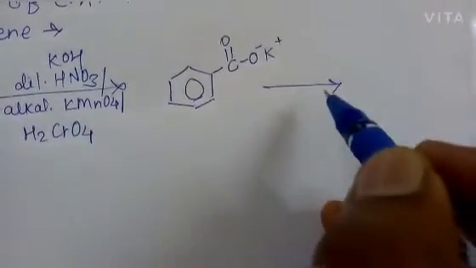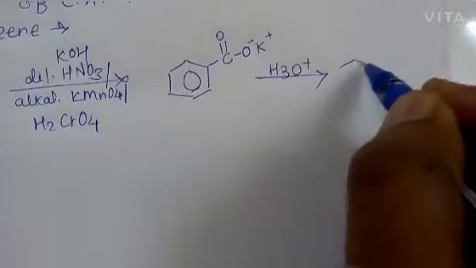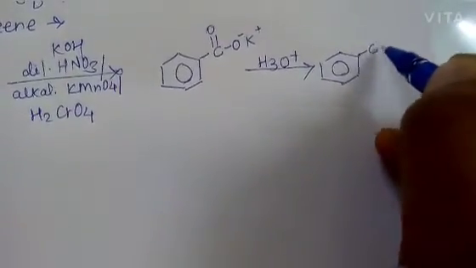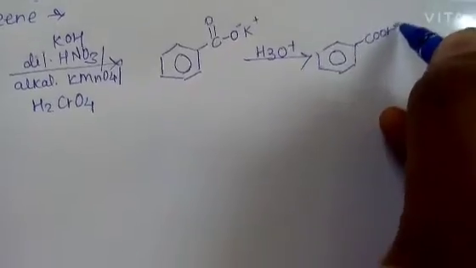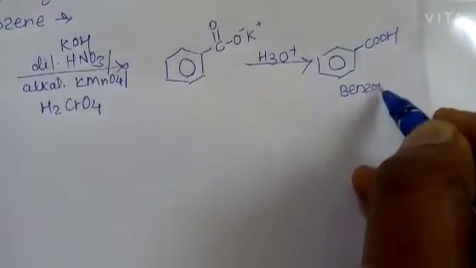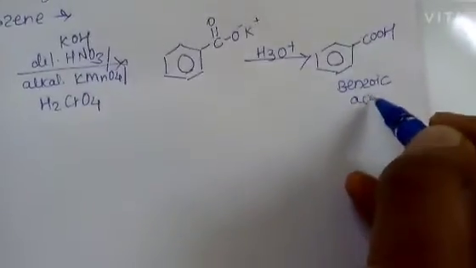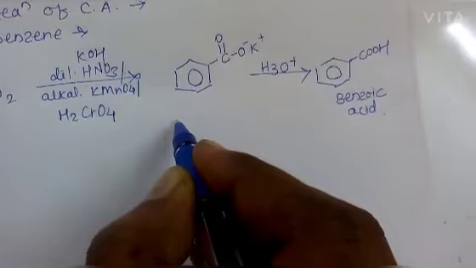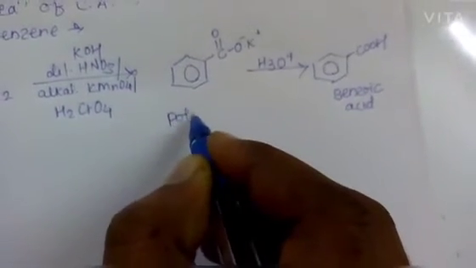This potassium benzoate undergoes acid hydrolysis, then it forms benzoic acid, COOH. Okay, and this is benzoic acid. This one is potassium benzoate.